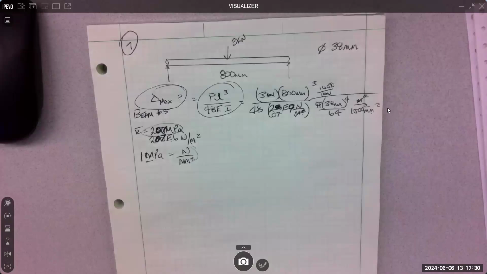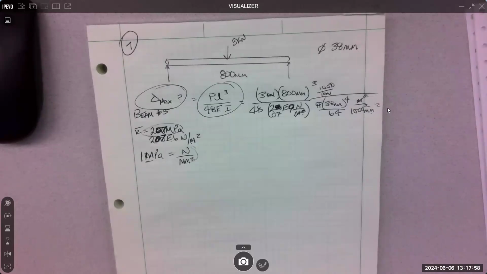The moment of inertia. Moment of inertia is a property of shape. What else about a circle? Area. Area of a circle, that's a property of the shape. What about the location of the neutral axis? Property of shape, not the material, right? Yeah, so all good finals questions.